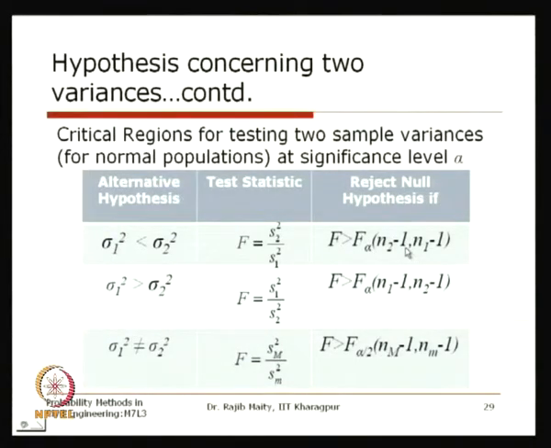On the other hand, if you simply want to use which one is your larger variance and which one is your smaller variance, then for all these cases you can calculate this F statistic, which follows the F distribution with first degrees of freedom n_M minus 1 and second degrees of freedom n_m minus 1, where n_M is the larger sample size and n_m is the smaller sample size.